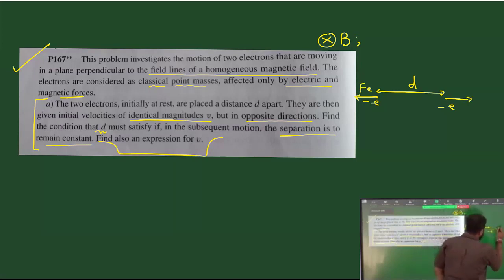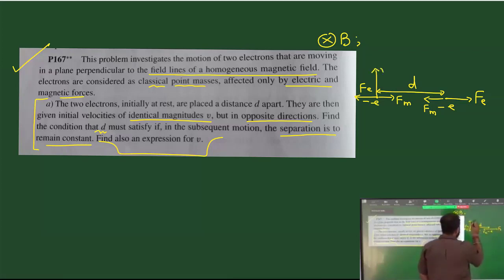That was fine. The simplest thing that comes to my mind, if they have to keep that constant distance and B is like this, is that if I provide velocities perpendicular to the line joining them in an appropriate manner, such that the magnetic force comes inwards, Fm inwards, it may serve the purpose.